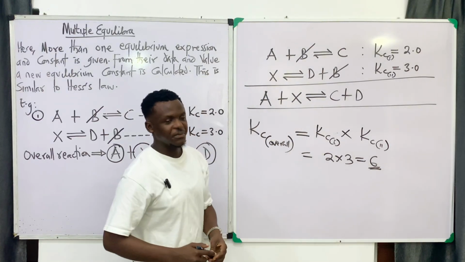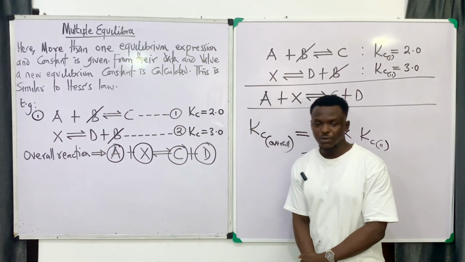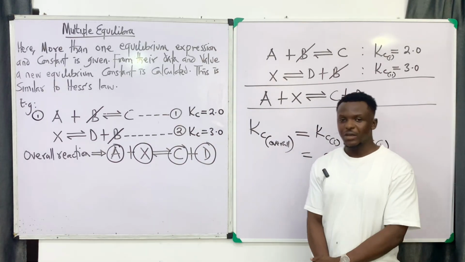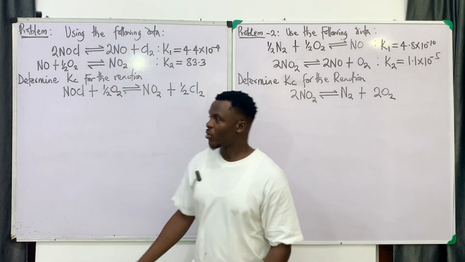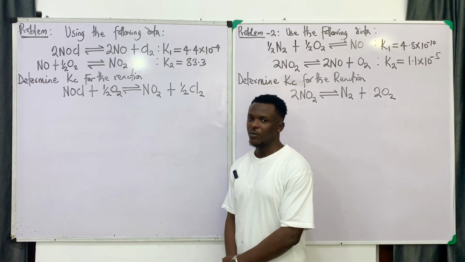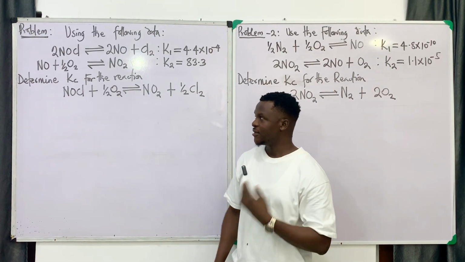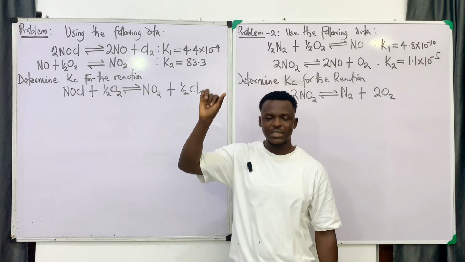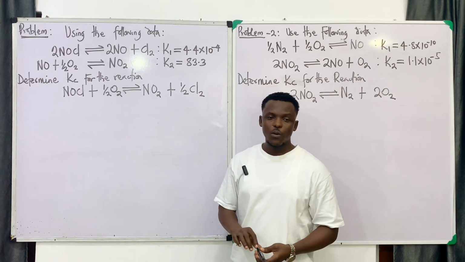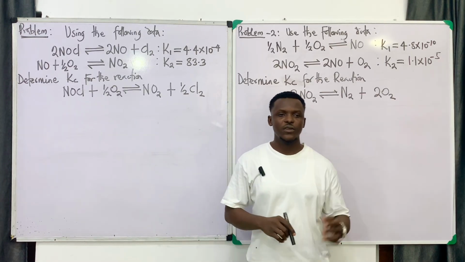So that is the concept behind multiple equilibria, right? We're going to take a few examples to see how to relate this to real examples. The first important question a lot of persons want to ask is: what's the difference between this multiple equilibria calculation and the previous calculations we just completed, where you are asked to use the equilibrium constant of one reaction to find that of another?